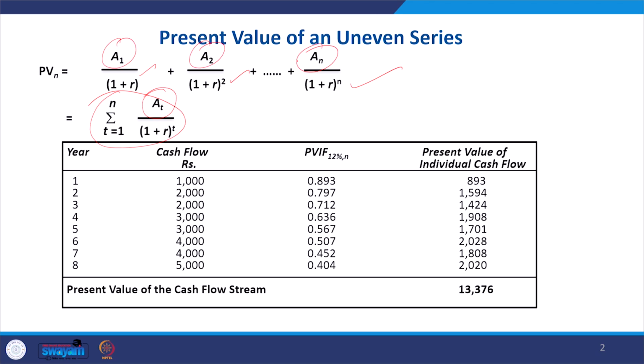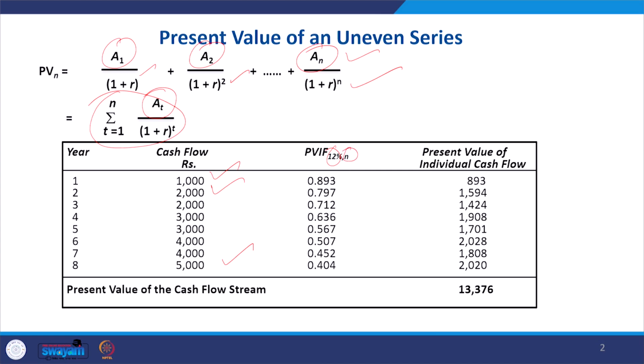So the cash flow A1 in the first year, for example, is given as 1000. The cash flow in the second year, A2, is 2000, and so on up to AN. For example, this is A8, the 8th year's cash flow, which is 5000 Indian rupees. Depending upon the discount rate, R we have assumed here is 12%, and N is the number of years.